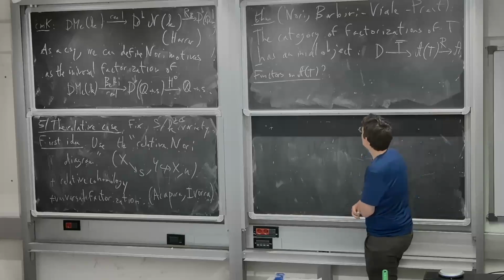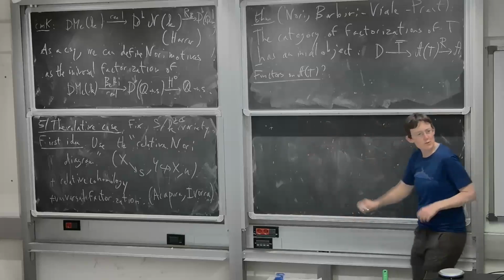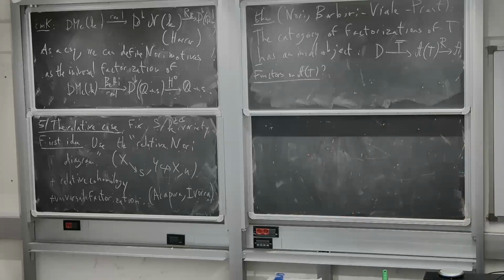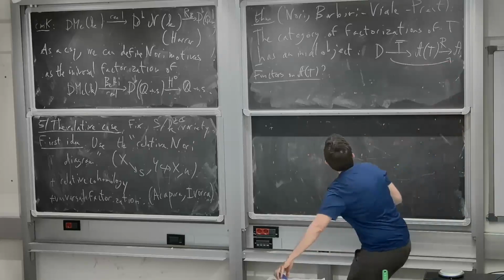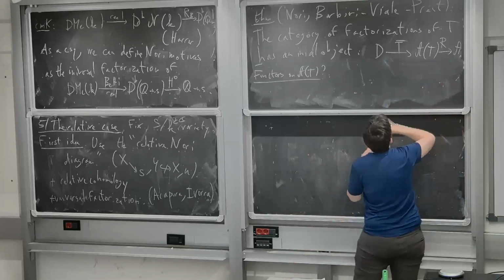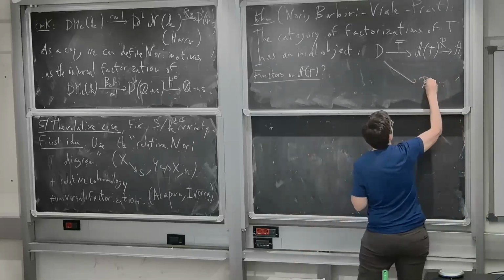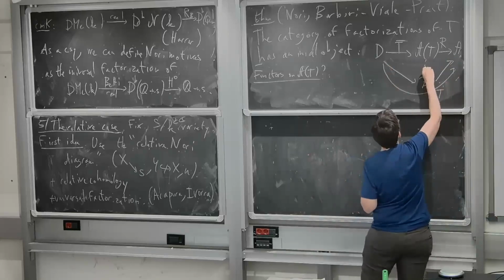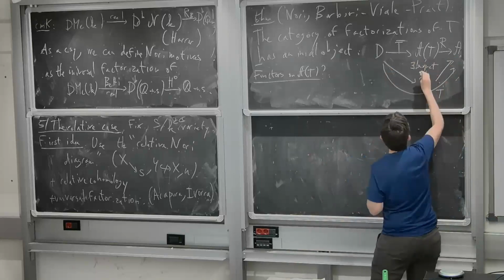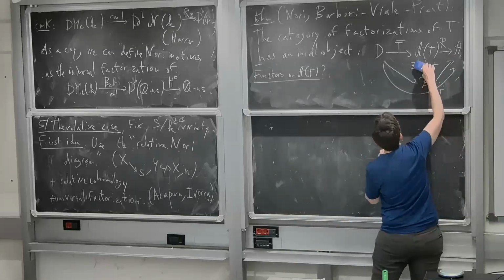To define a functor on this, basically you have to use the universal property. The universal property tells you that if you have another factorization of your T, maybe I can write it, then there exists here an exact functor, essentially unique.